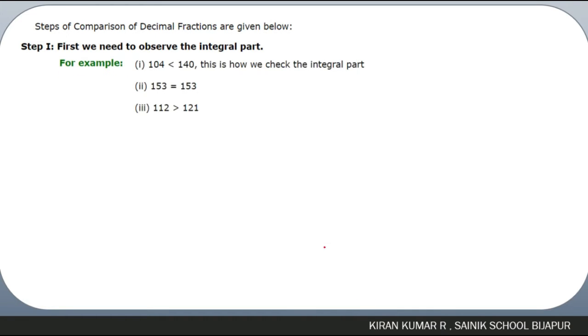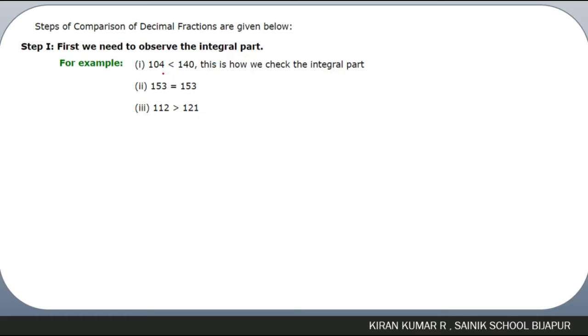There are a few steps to be followed in comparison of the decimal fractions. They are given below here. The first step is we need to observe the integral part. For example, when we have 104 and 140, we will look at the integral part.